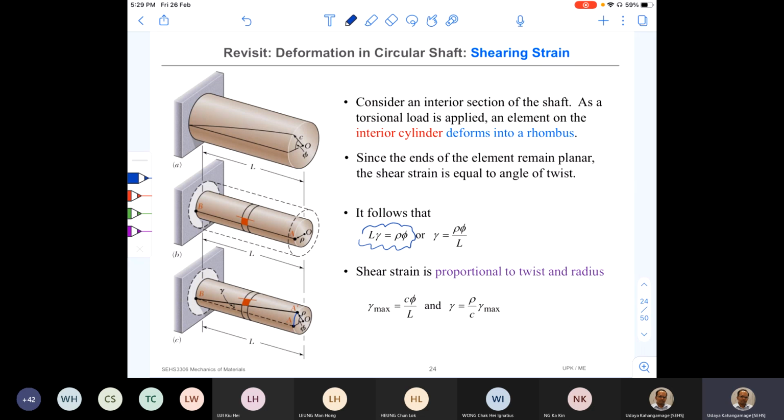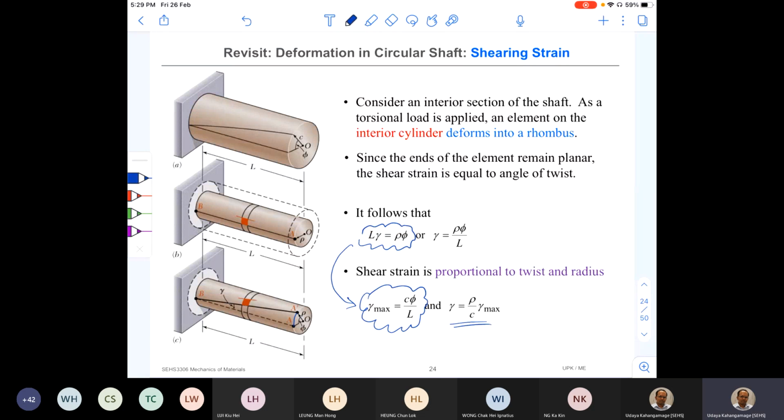Later, using simple manipulation, I found that gamma max is equal to C times phi over L, and then we got this relationship, where shear strain varies linearly from the center to the outer surface.